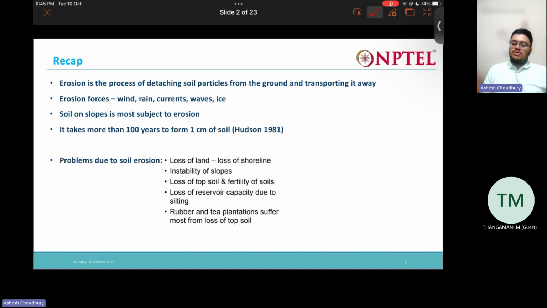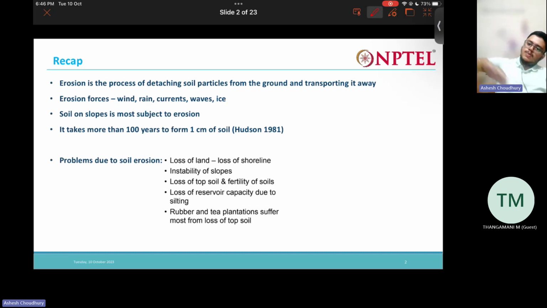And rubber and tea plantations. I actually belong to Assam, so tea plantations are very predominant here. Tea is generally planted on slopes.